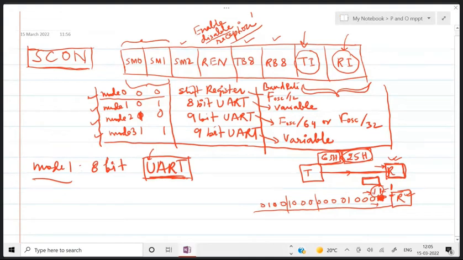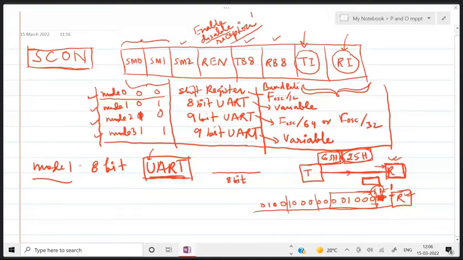And again, when will it know that a complete byte of data has been received? That information needs to be known to both the transmitter and the receiver. So what happens in UART communication when 8 bits of data is being transmitted?